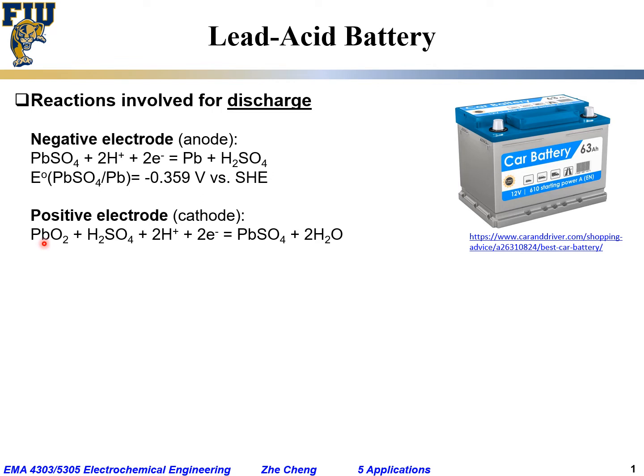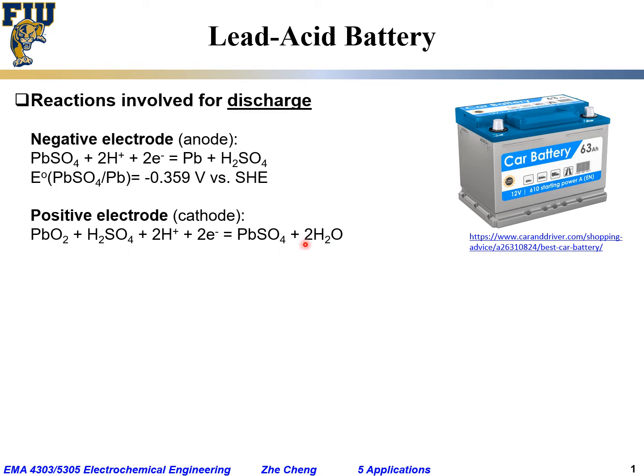One lead on the left, one lead on the right. 4 hydrogen on the left, 4 hydrogen on the right. 6 oxygen on the left, 6 oxygen on the right. So it's also mass and charge balanced.